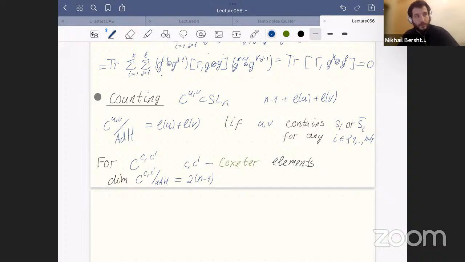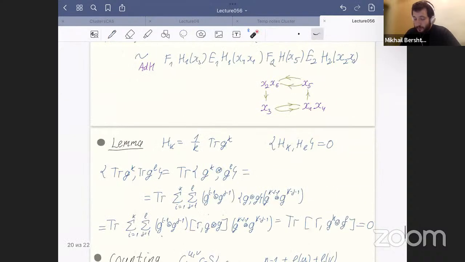And we have n minus 1 commuting Hamiltonians, h_k. We can take trace g to the power k, but since our matrix belongs to a cell, this is a symmetric function of the eigenvalues of the matrix g, and there are exactly n minus 1 algebraically independent eigenvalues here.